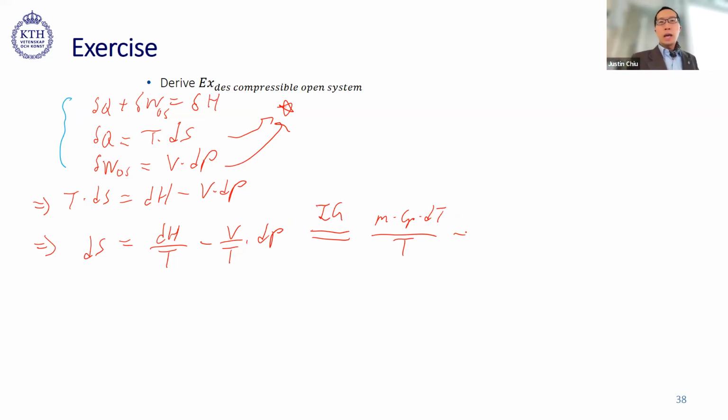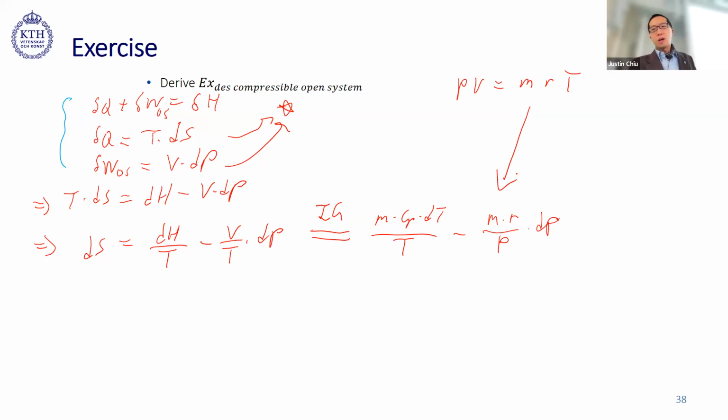PV is equal to mRT, right? So here V over T, I have mR over pressure, dP, because PV equals mRT. That's why I have this. V over temperature is mR over P. And now it's very easy to integrate.